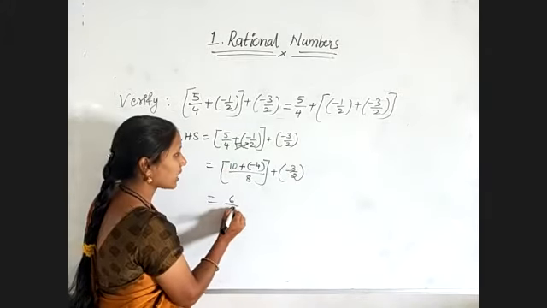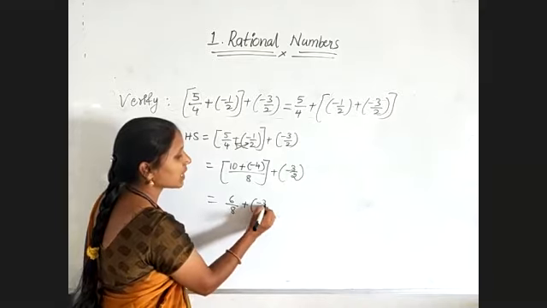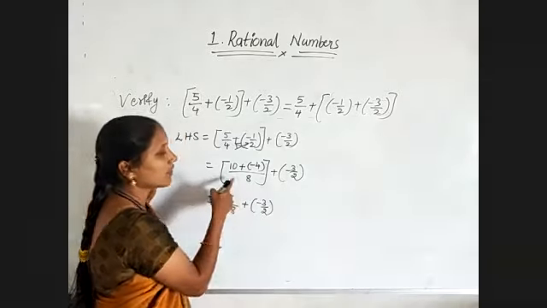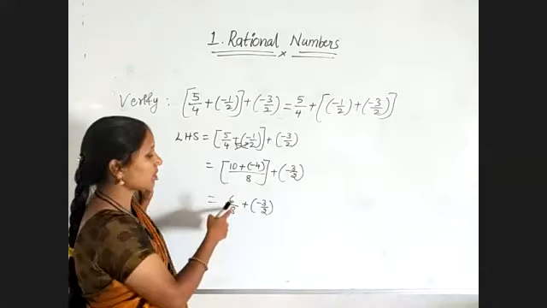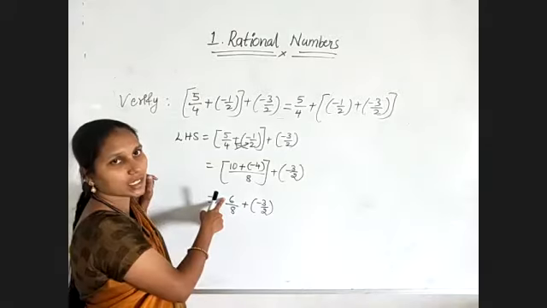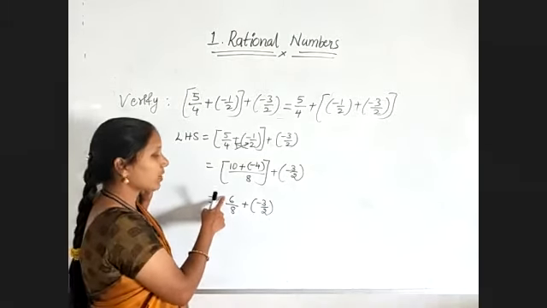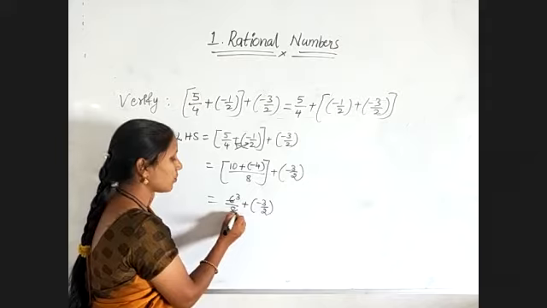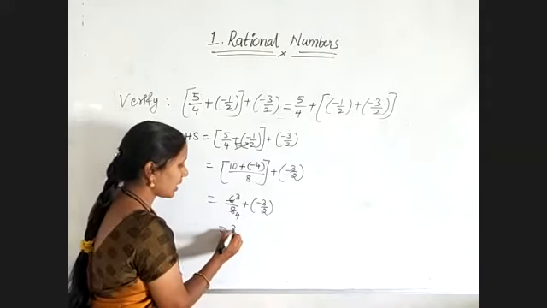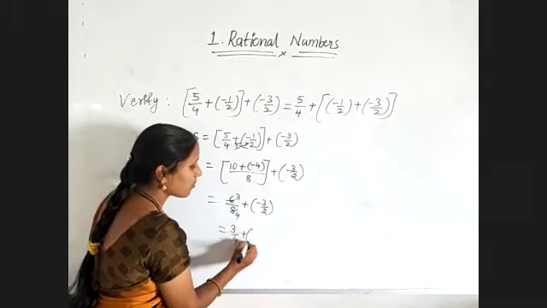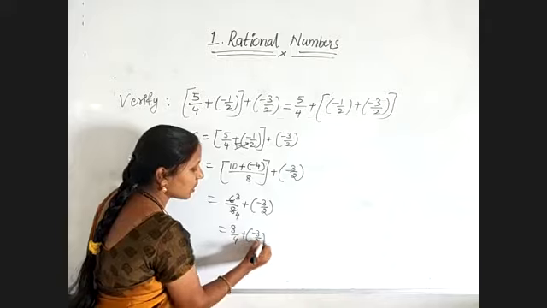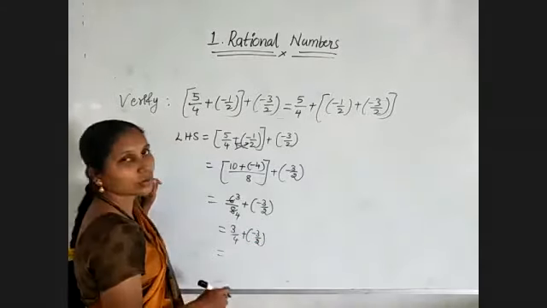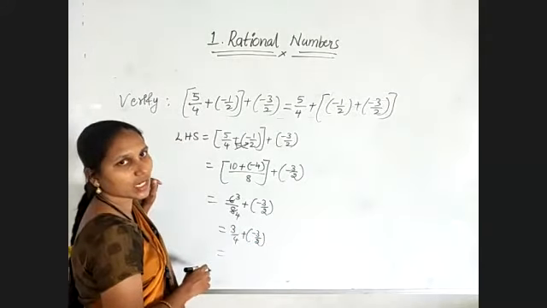6 by 8 plus of minus 3 by 2. Whenever we do cross multiplication, sometimes we will not get the standard form. So first convert it into standard form. 2 3s are 6, 2 4s are 8. So that is 3 by 4 plus of minus 3 by 2. Now again, if you want to do cross multiplication, do the cross multiplication.